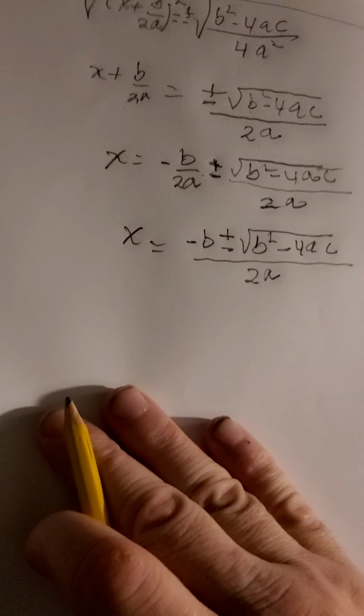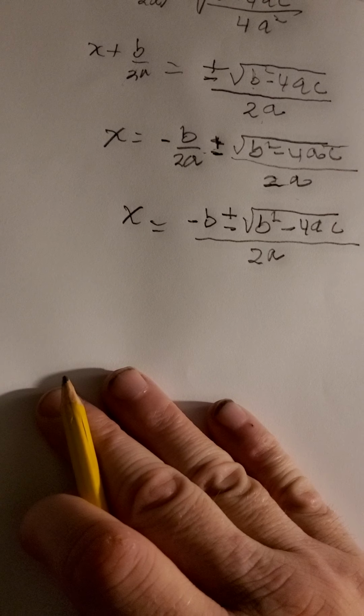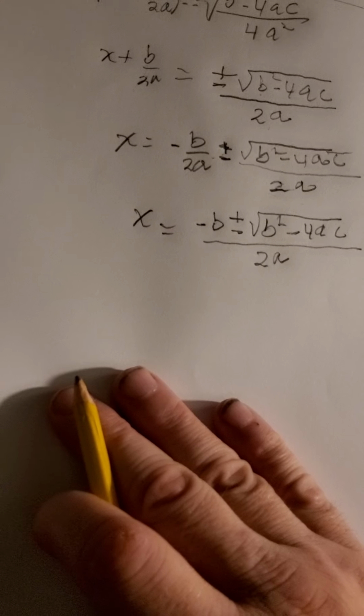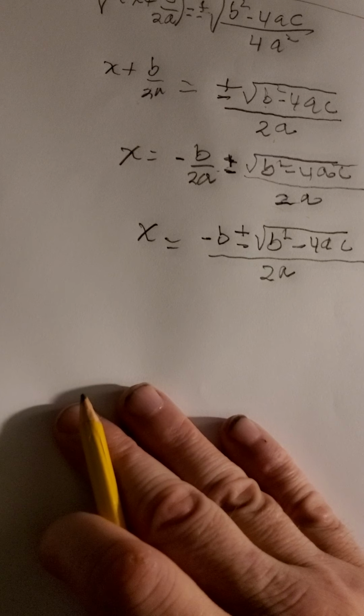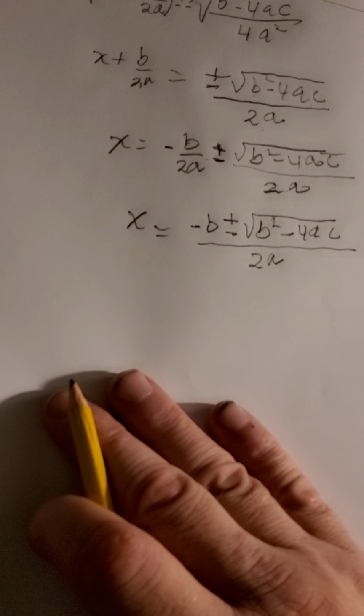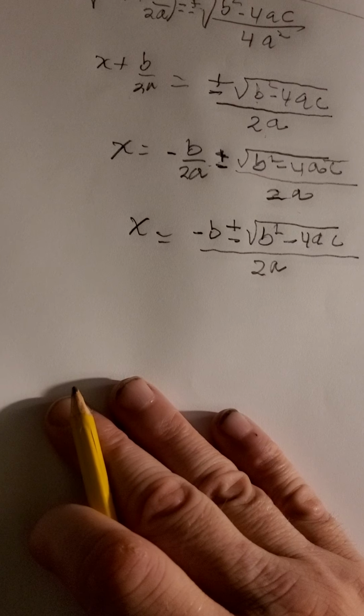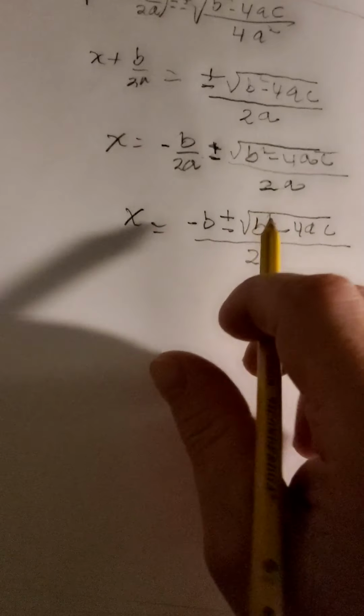This method, you would be surprised how much it's used in higher mathematics for finding the roots of equations in mathematics, chemistry, electronics, physics, all kinds of engineering. You're always going to be using this.